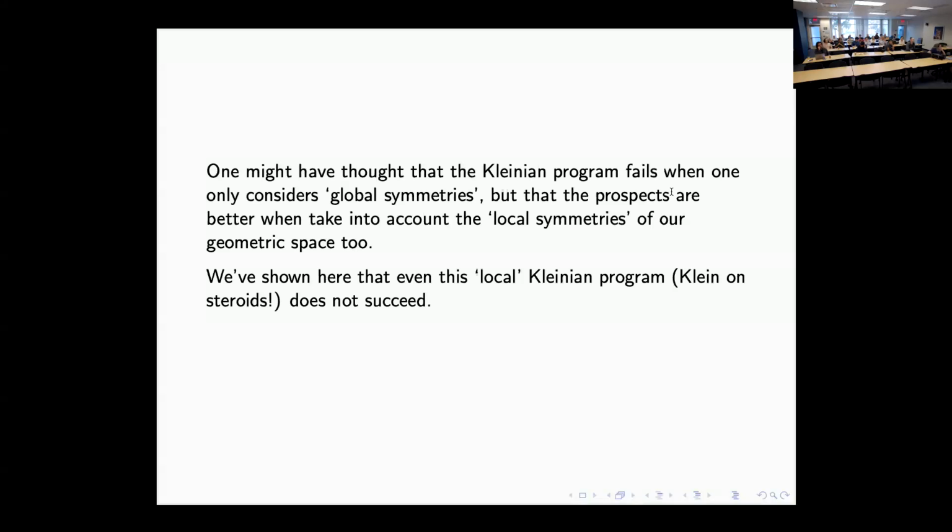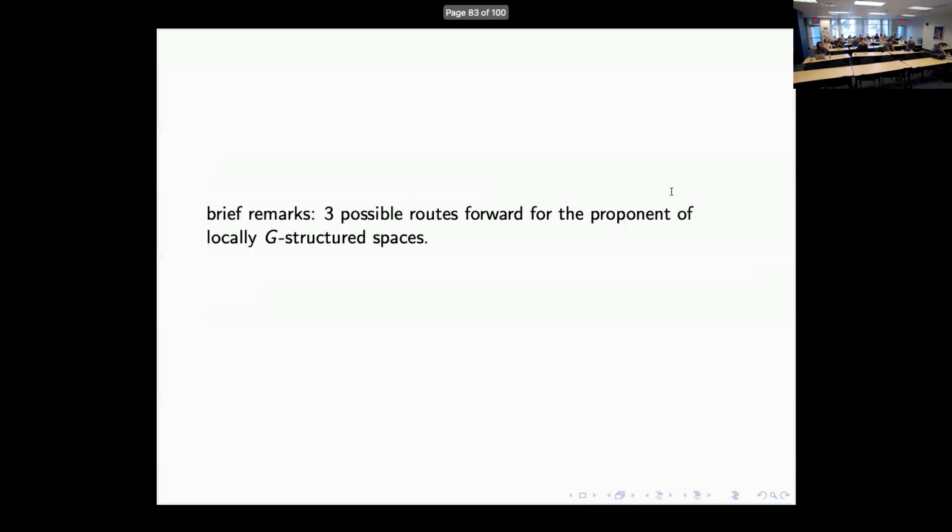This local Kleinian program, even as represented by the framework of locally G-structured spaces, even when you take into account all of the symmetries between small regions of your spacetime, doesn't always give you enough information to fully capture the structure of the spacetime you started with. So even this Klein program on steroids doesn't work. So it's not a global versus local thing.